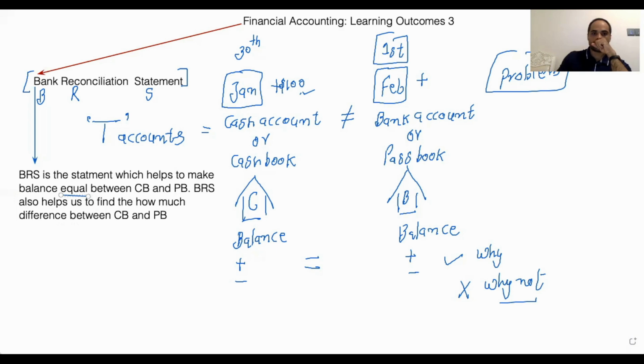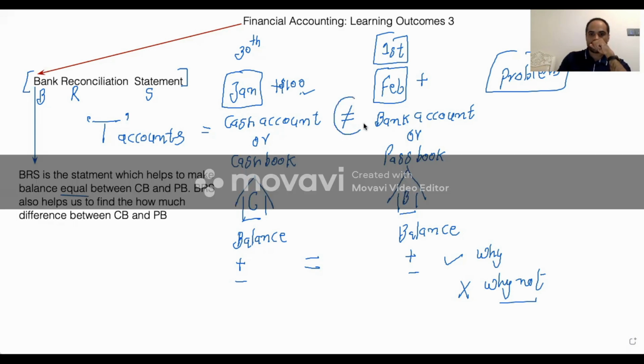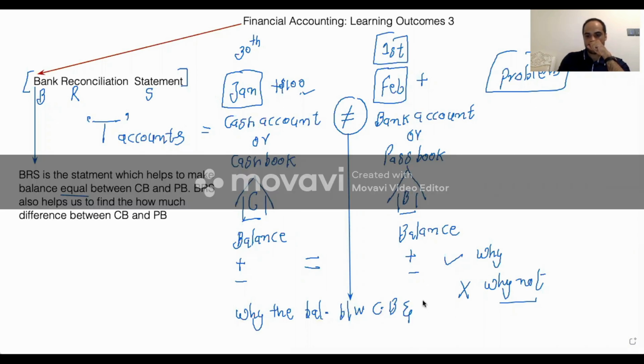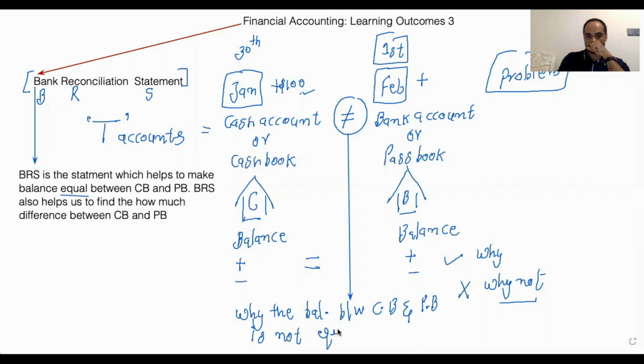But now the question is, why is the balance between the cash book and passbook not equal? What is the reason?